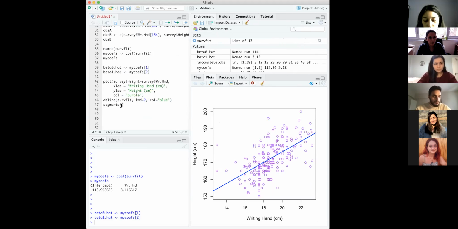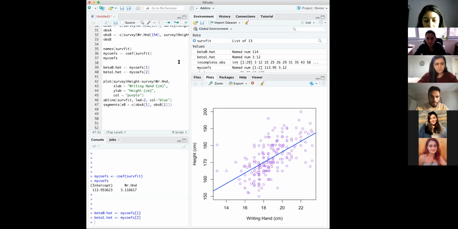So let's say I want to add some segments in here. As x0, I'm going to add my observation A, and the first value in there, and my observation B, and the first value, okay?